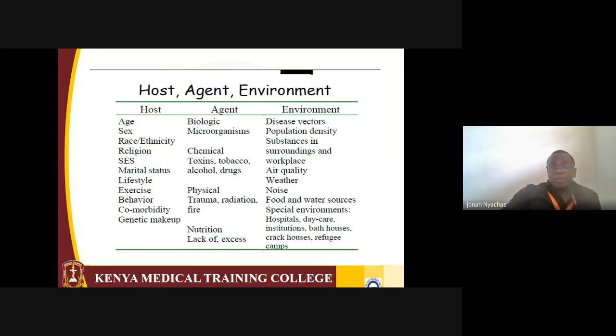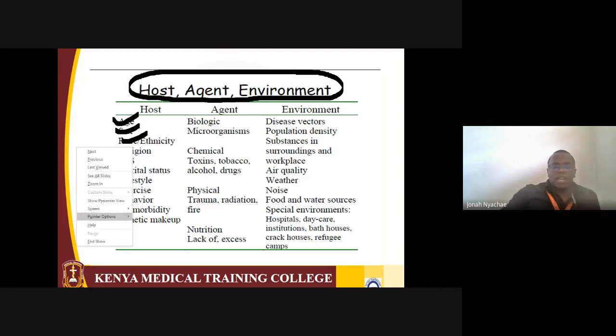So basically, I've tabulated for you here the host, agent, and environment. For the host, we're talking about age, sex, race, religion, marital status, lifestyle, exercise, behavior, comorbidity, and genetic makeup.